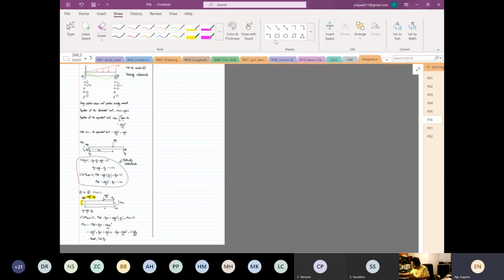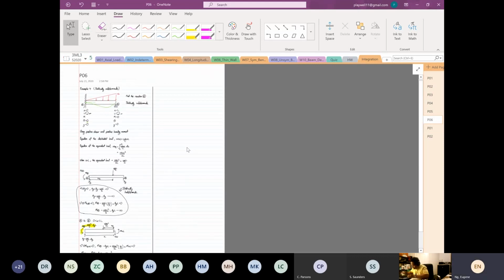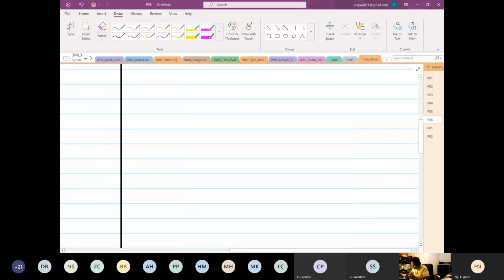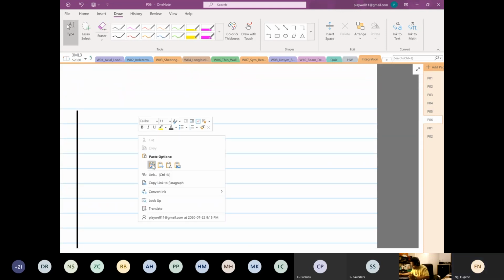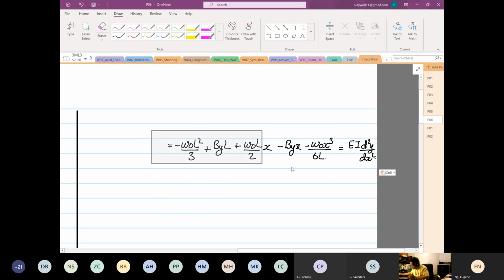So I'm going to copy this expression. Don't worry, I'll zoom in. I also can't see this way. Okay, so we have this expression over here.